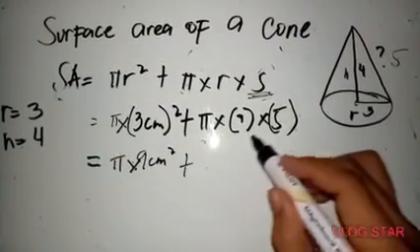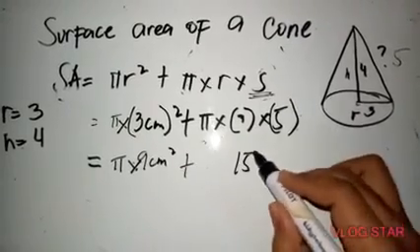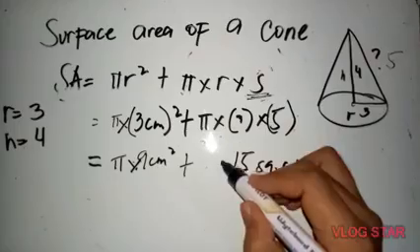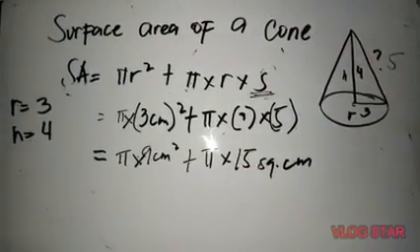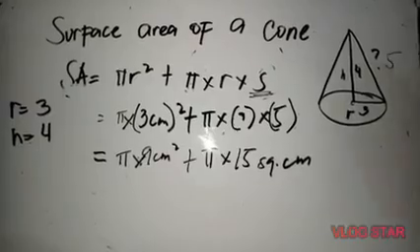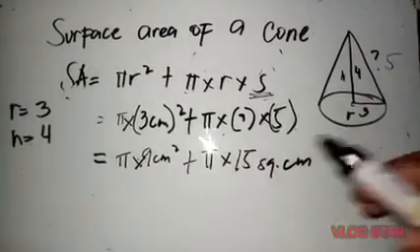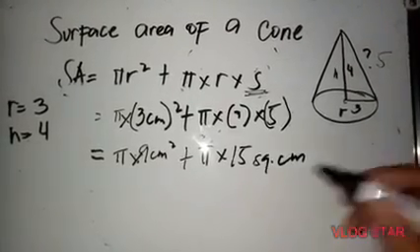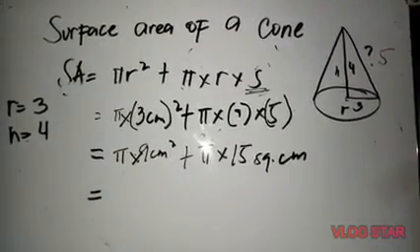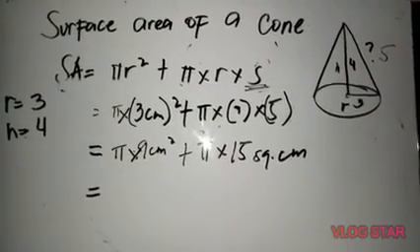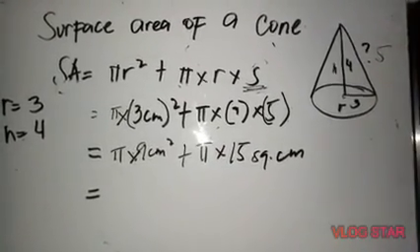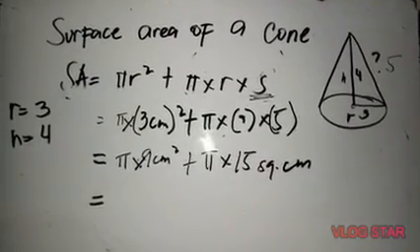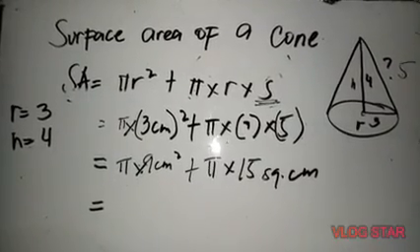Next is 3 times 5, that is 15 square centimeter times pi. Since we're done with squaring and multiplying the digits, we can proceed. So pi times 9 centimeter square plus pi times 15 centimeter square.